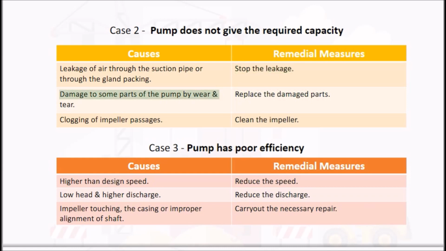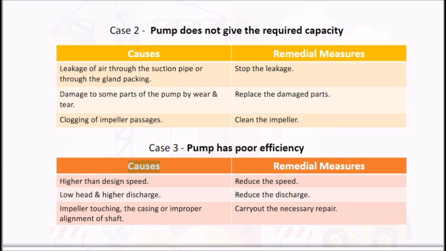Damage to some parts of the pump by wear and tear: replace the damaged parts. Clogging of impeller passages: clean the impeller.